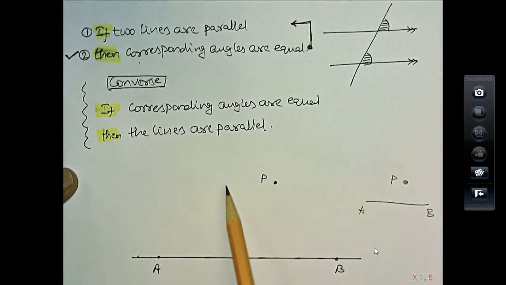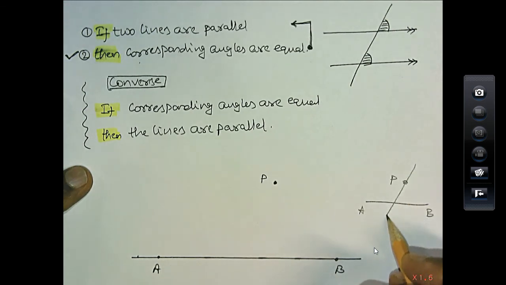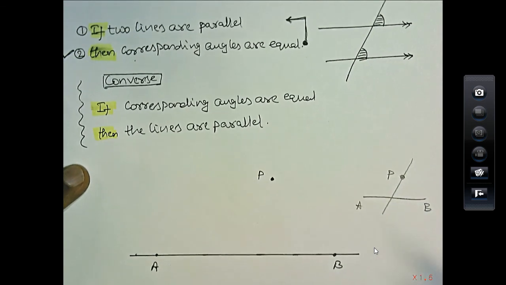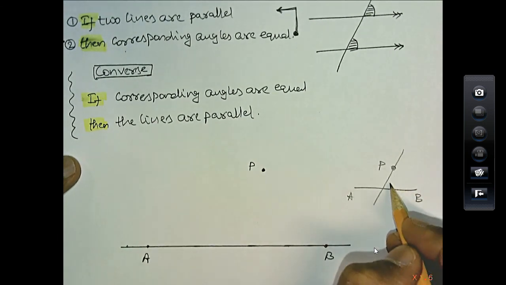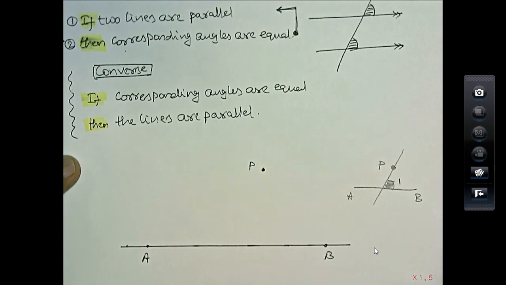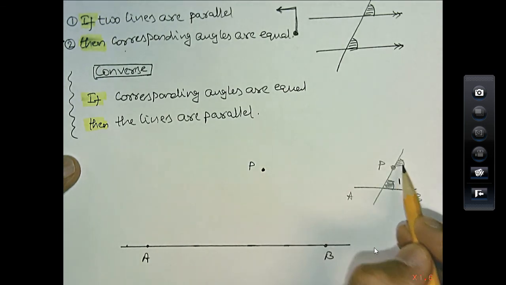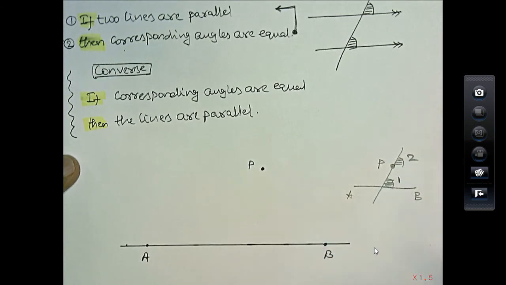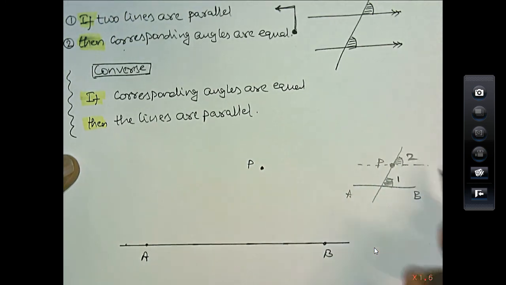Suppose there is a transversal, and assume that if this angle, let me give a number, let's say angle 1, is equal to angle 2. In case these two angles are equal, right, then I can say that these two lines are parallel.